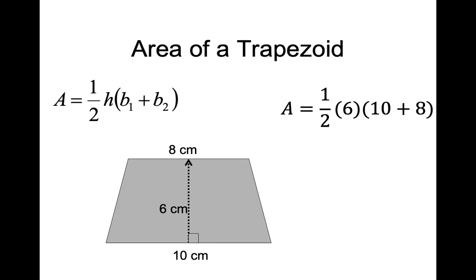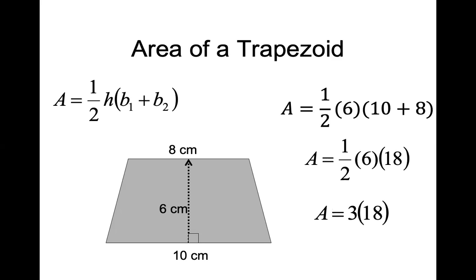The numbers are friendly. 10 plus 8 is 18. What's half of 18? 9. Times 6 is 54. You did the whole thing in your head. Why'd you do 9? I don't want to multiply 18 times 6, which is a big number. I'm going to take half of it.